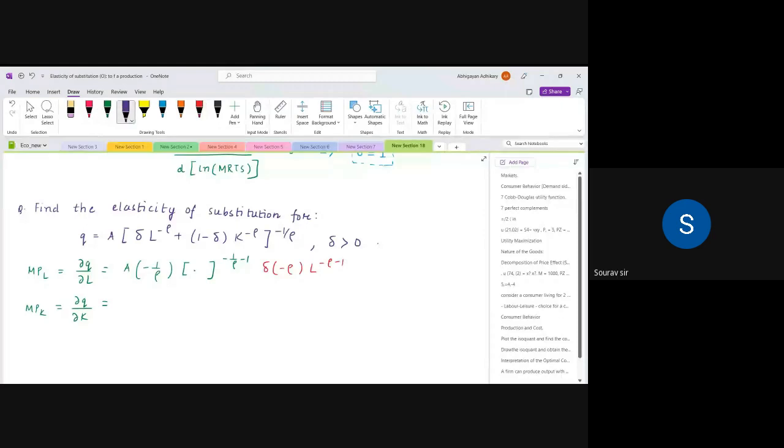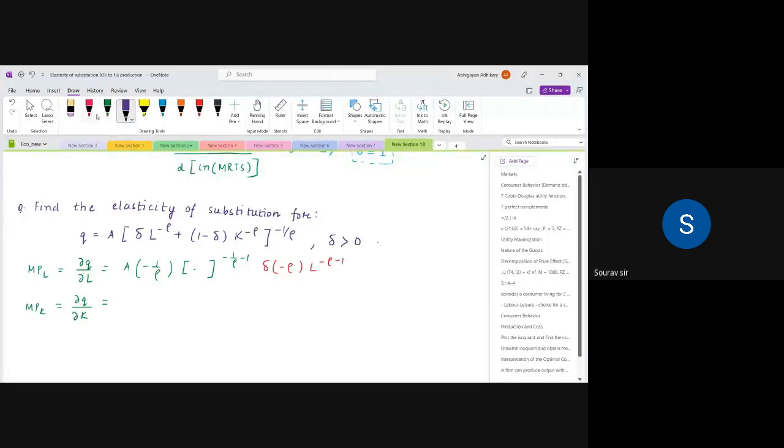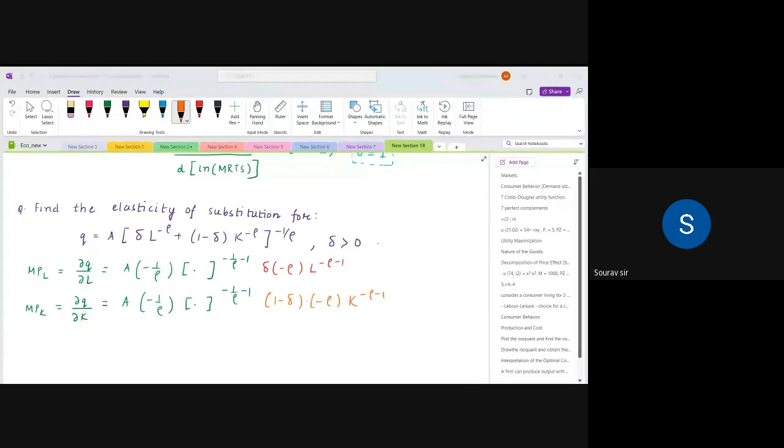In the similar way, for del Q by del K, again starting with chain rule, A stays outside, minus 1 upon rho, the third bracket part will remain the same, and then we will have 1 minus delta into minus rho K to the power minus rho minus 1. Correct?